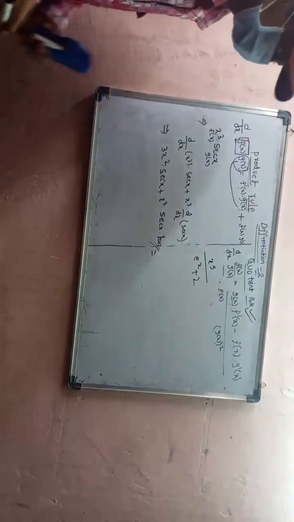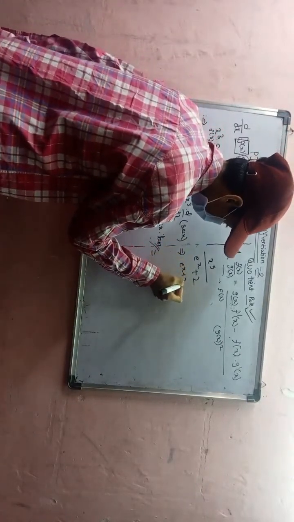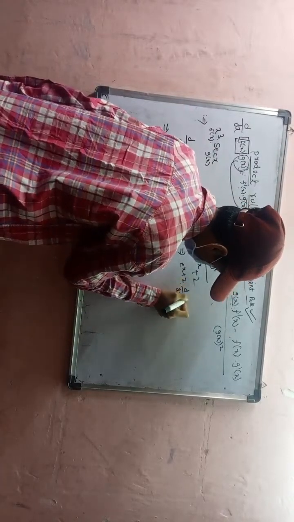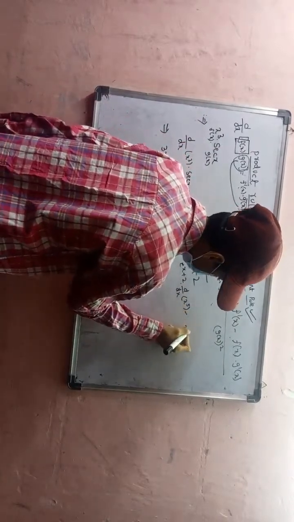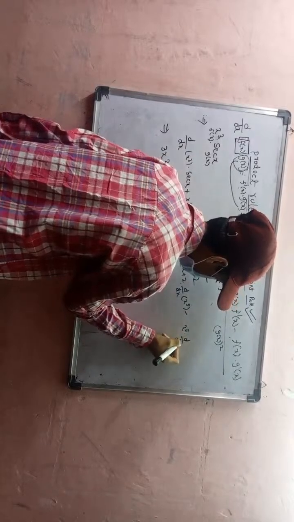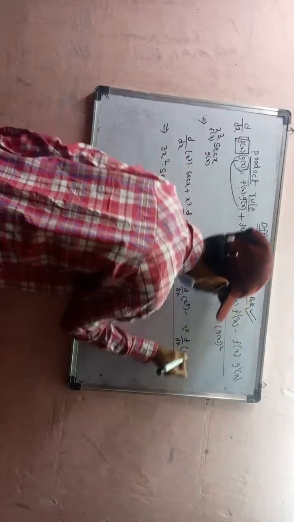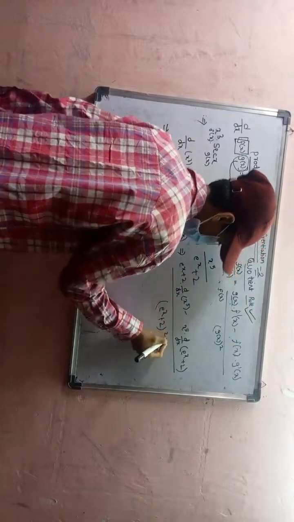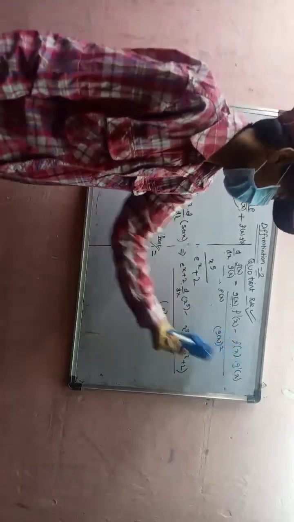Now see how to solve. e power x plus 2 directly I am writing into f dash of x, d by dx of x power 5, minus x power 5 into d by dx of e power x plus 2, by e power x plus 2 whole square. So g of x into f dash of x minus f of x into g dash of x by g of x whole square.